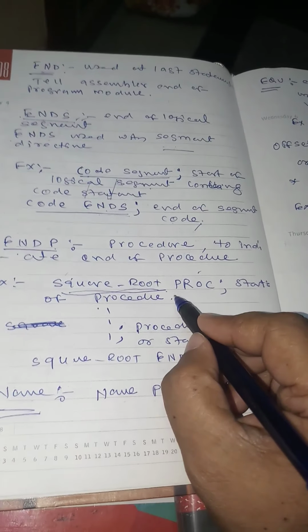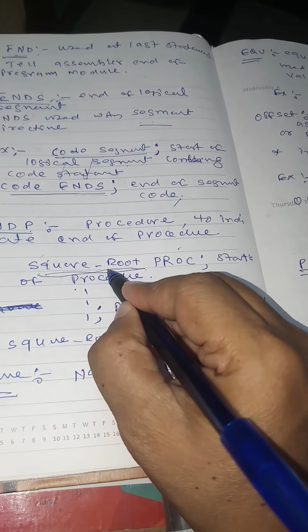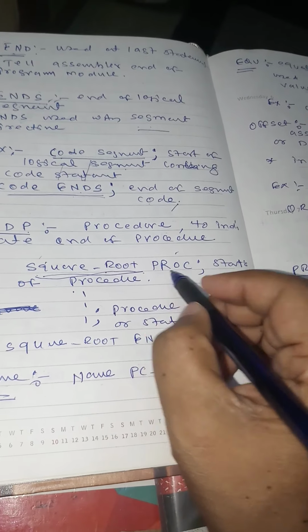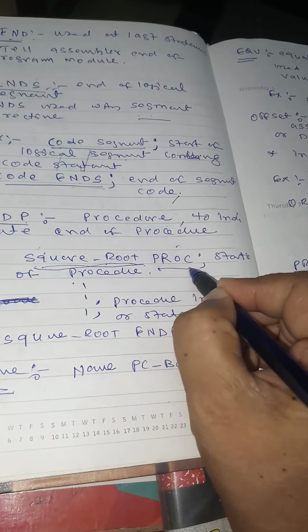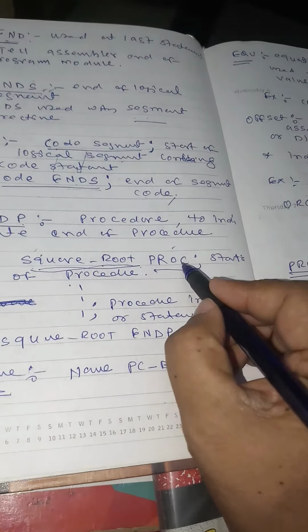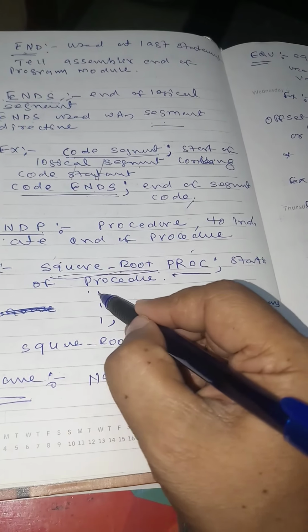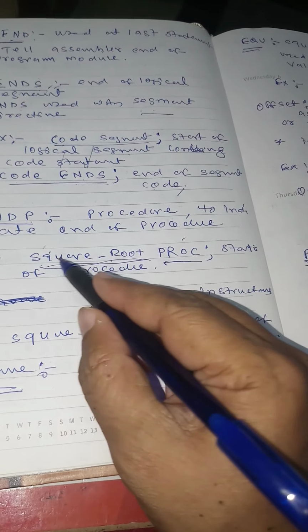That is nothing but a PROC. So here you can see the square root. You can give here any variable name; that variable name is for calling a procedure. Okay, so this is PROC. Remember, this indicates the start of the procedure. Then we have the different statements here which are used to perform the square root.